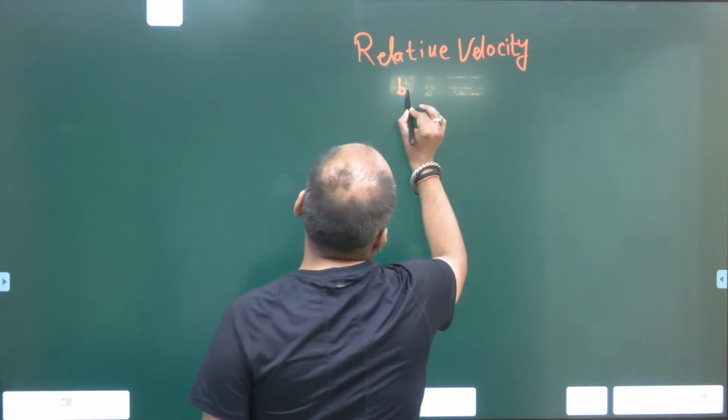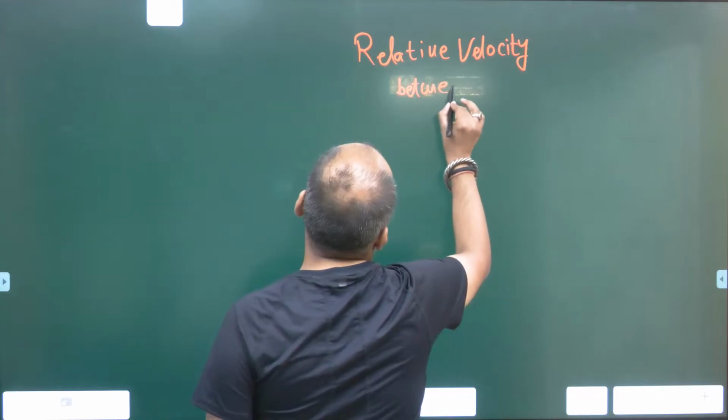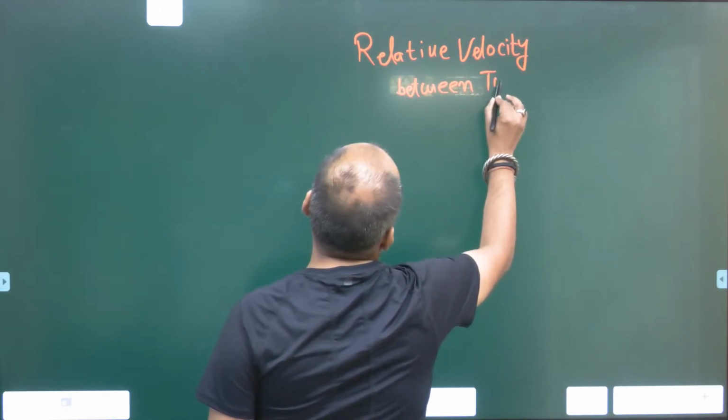Relative velocity between two projectiles.